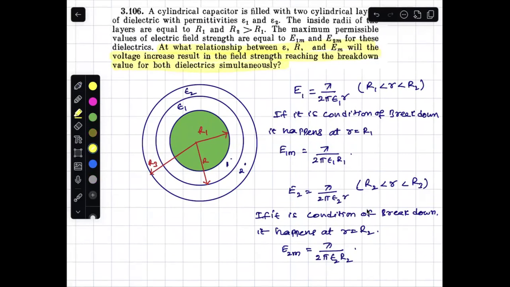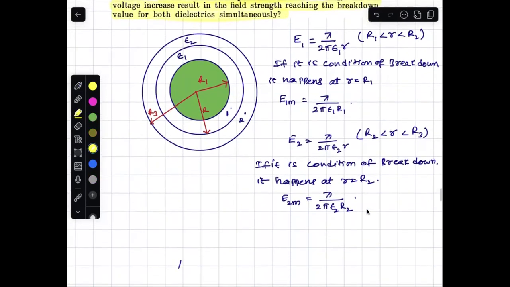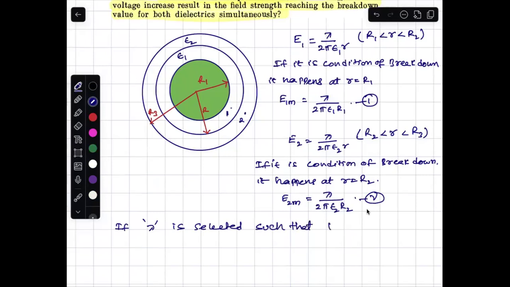If lambda is selected such that 1 and 2 happens at a time. By the way, lambda stands for charge per unit length on the conductor. It is common for both the regions.